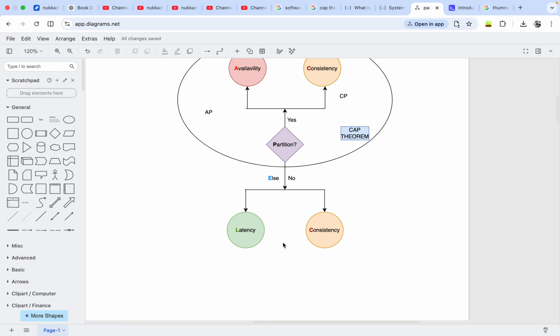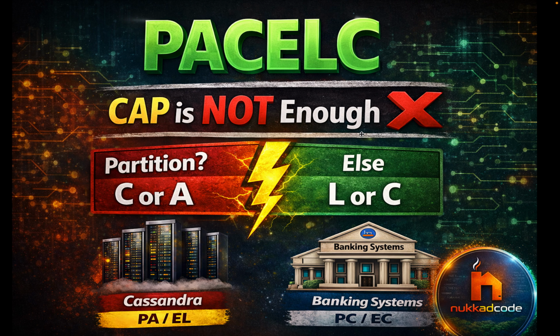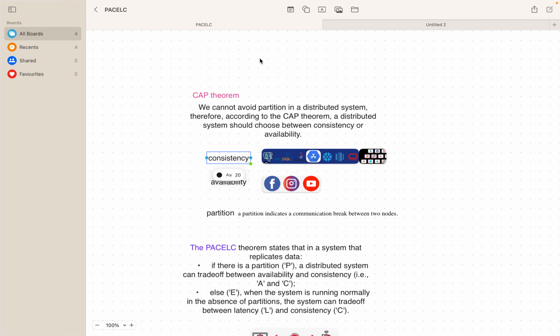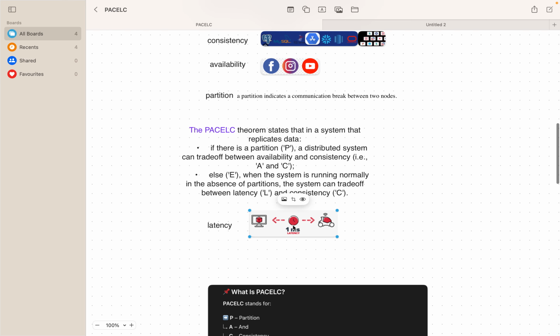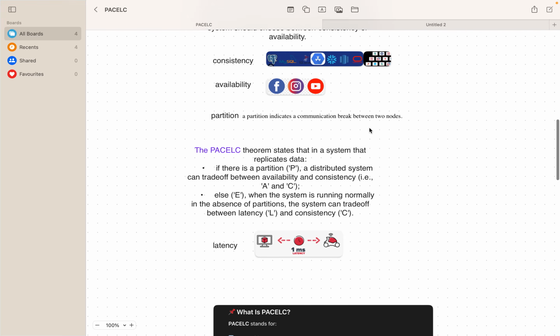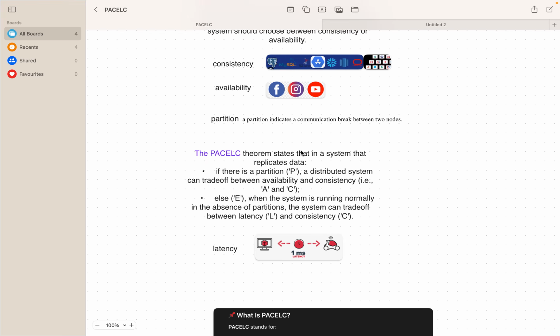Latency is the time taken from client to server. In this diagram I have mentioned what latency is: from client to server the time taken is 1 millisecond, and coming back to the client, it is called latency. We'll come to this also.